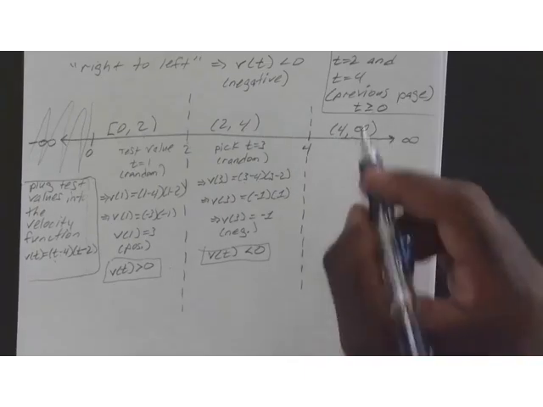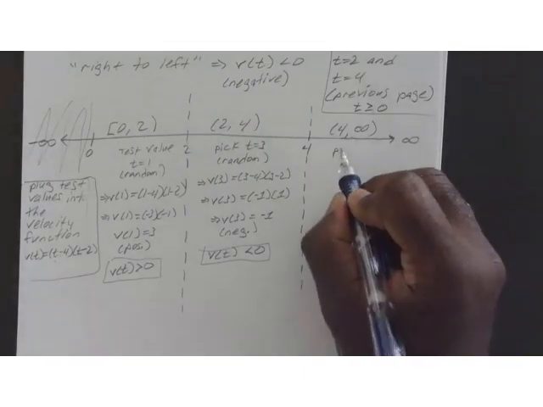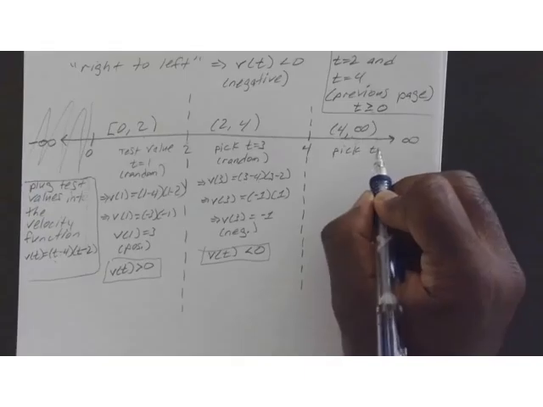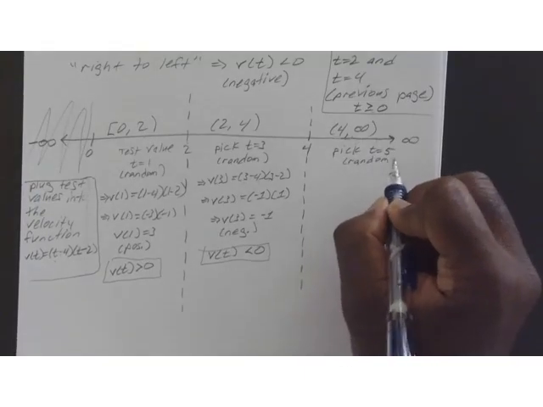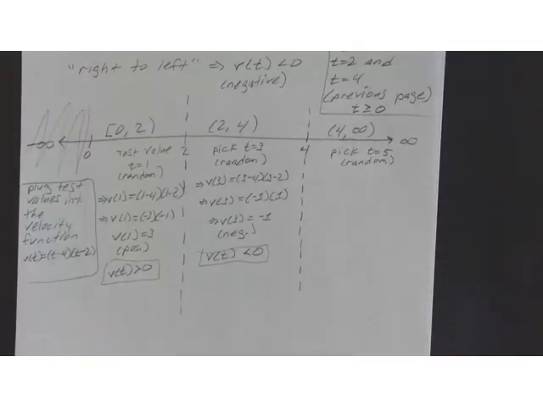And from 4 to infinity, for our test value, let's say we pick t equals 5, again, completely random. If you want to pick a billion, you're more than welcome to, as long as it's in that interval.